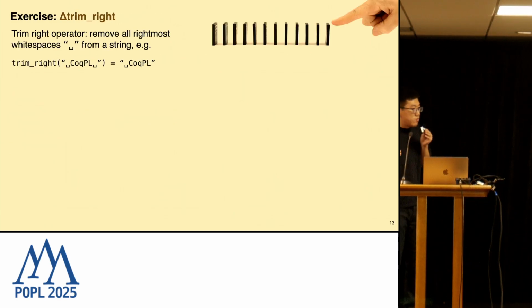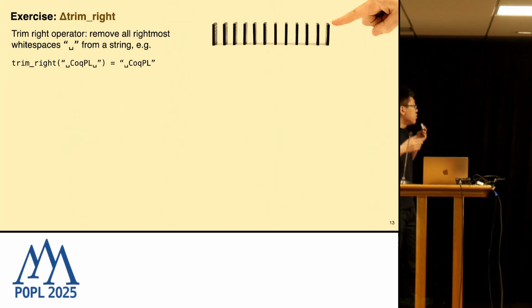And as we become more and more familiar with differential operators, why not do a small exercise together to define a differential operator for the trim right function, which is a string function that will remove all of the rightmost white spaces from a string.